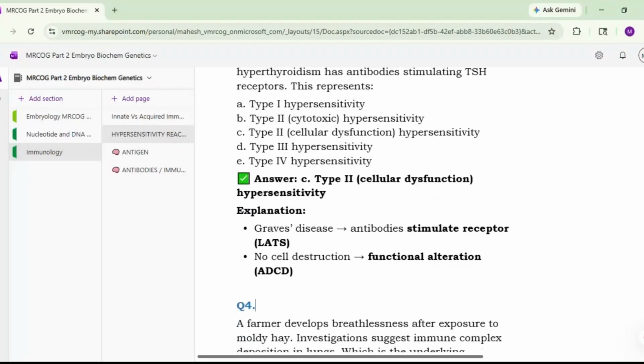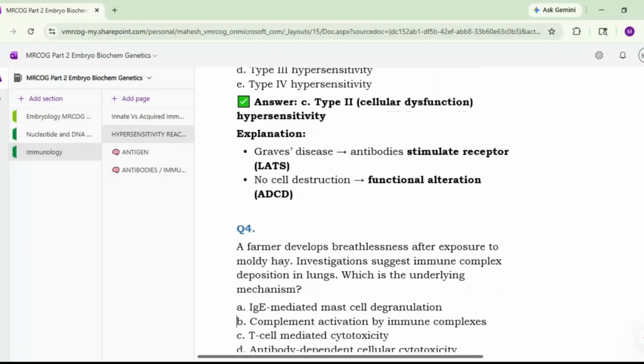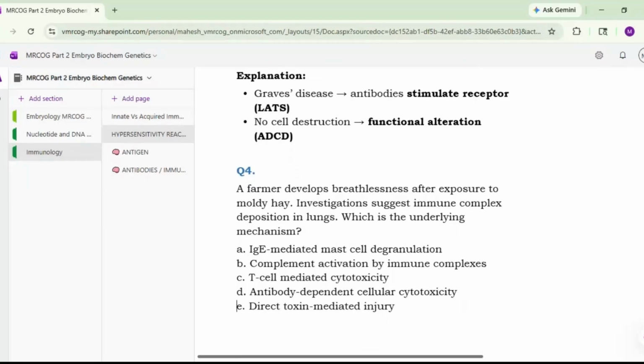Okay, next. A farmer develops breathlessness after exposure to moldy hay. Investigation suggests immune complex deposition in lungs. Which is the underlying mechanism? IgE mediated mast cell degranulation, complement activation by immune complexes, T-cell mediated cytotoxicity, antibody-dependent cellular toxicity, direct toxin-mediated injury.